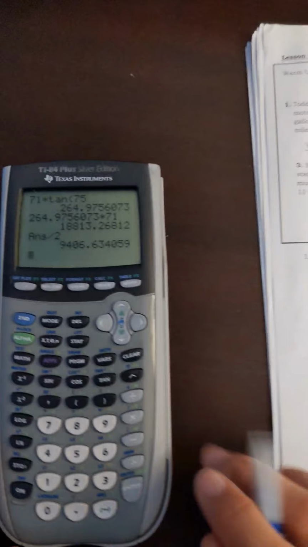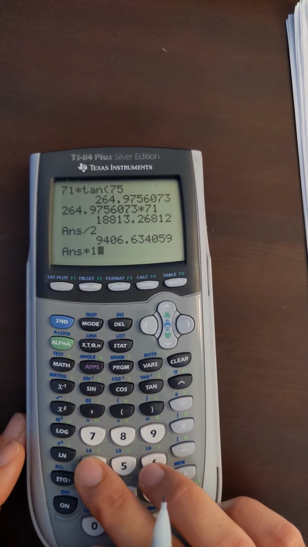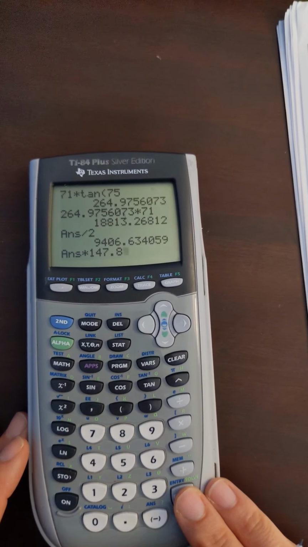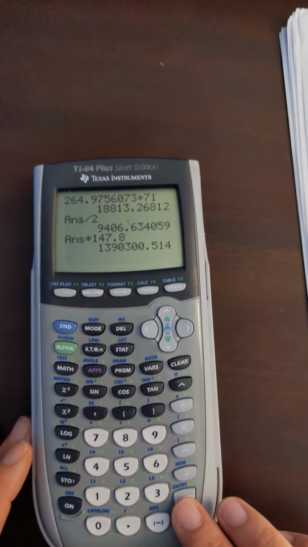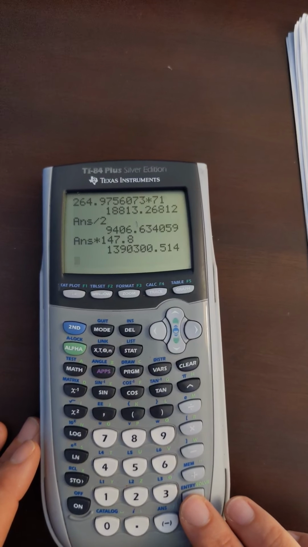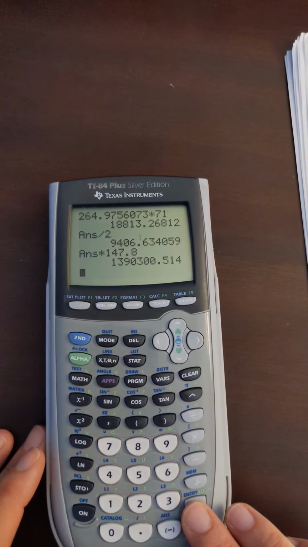Let's go back up here. Times 147.8. Hit enter. And there's our population. Now we're talking people, so we're not going to round up that 0.5. We're going to just say 1,390,300.